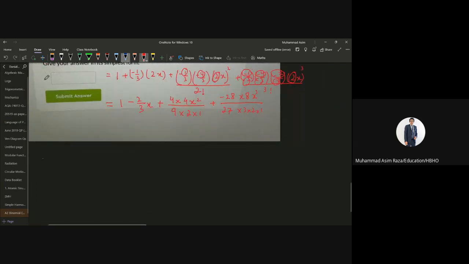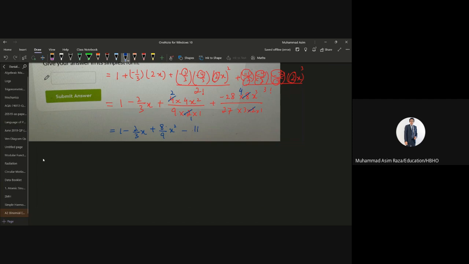What we can do from here is quite simple now. 1 minus 2 over 3x. So 2 ones are 1, 2 twos are 4. So we have here plus 8 over 9 x square. Then 2 fours are 12. I think that's it. So what is negative 28 times 4? 56, 112. So it will be a negative number.